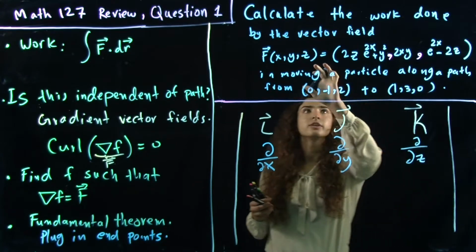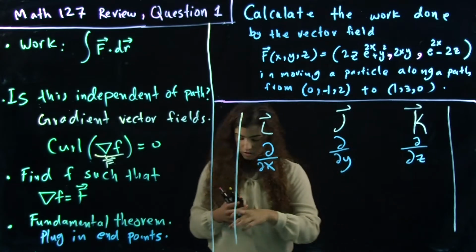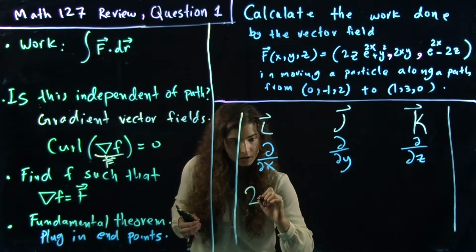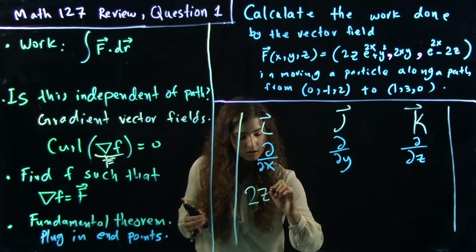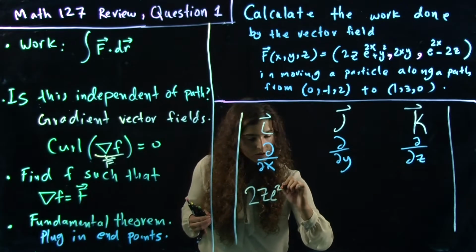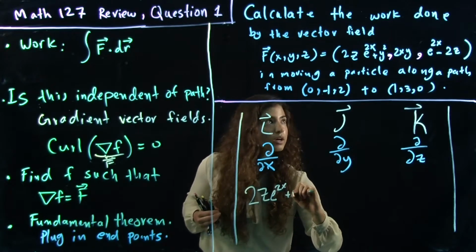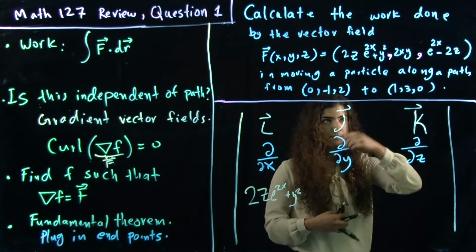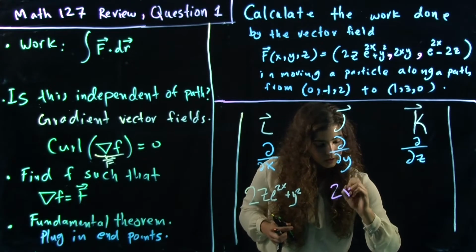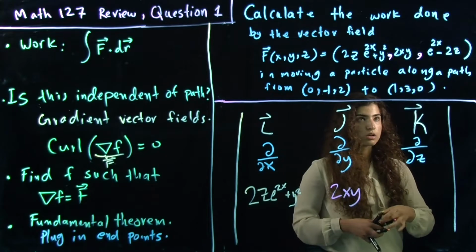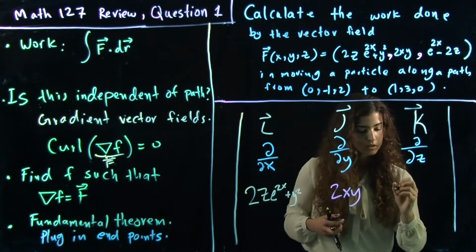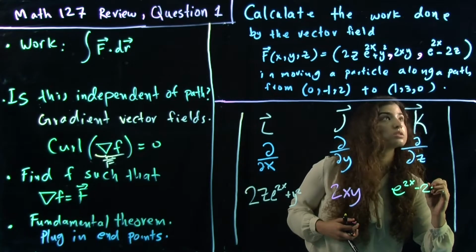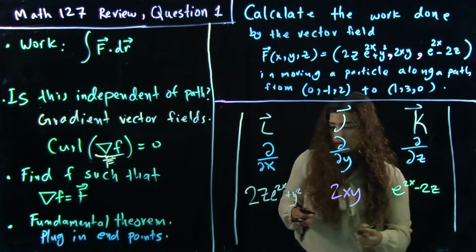And then from there we can just fill in our vector field: 2z e to the 2x plus y squared, 2xy, and e to the 2x minus 2z.